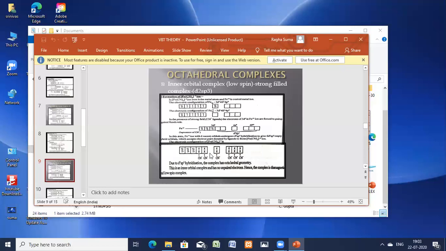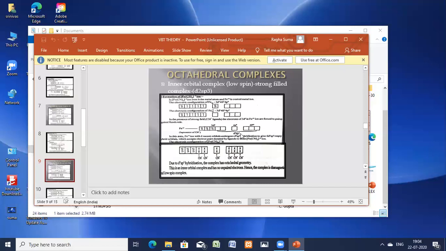Now 6 cyanides have approached. They have bonded with the empty orbitals of d2sp3 hybridization.